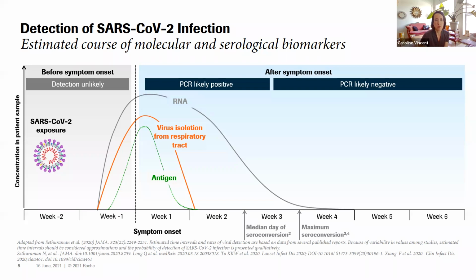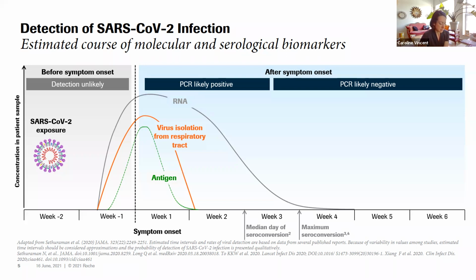These two markers will typically start to rise a few days before the onset of symptoms in the case of a symptomatic infection. While the detection of the antigen is known to be closely correlated with the presence of infectious virus in the respiratory tract, as shown by the green and orange curves in this figure, the RNA as detected by PCR is known to remain detectable for a longer period of time.